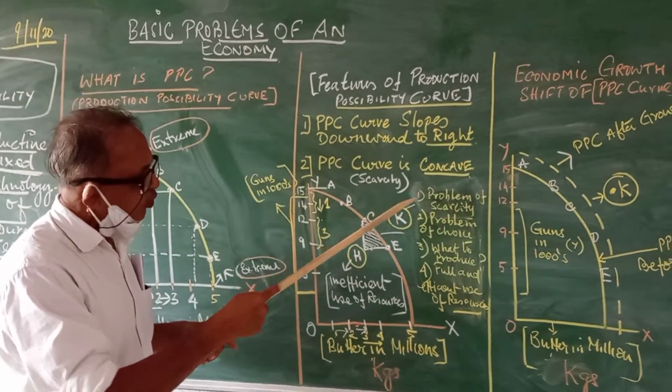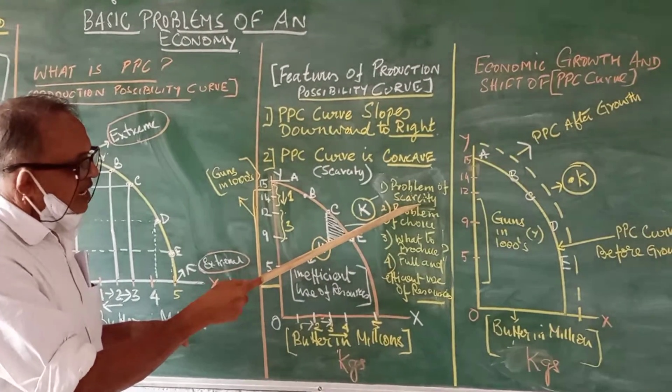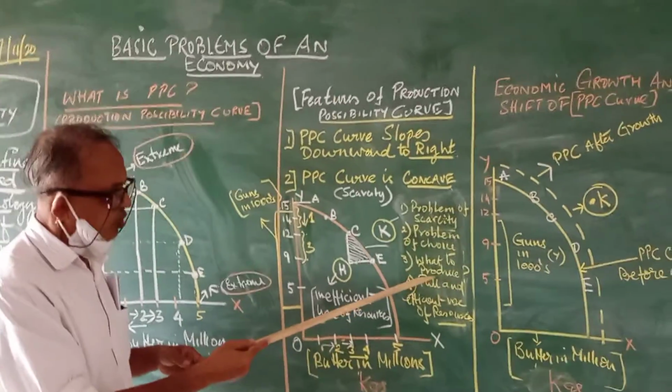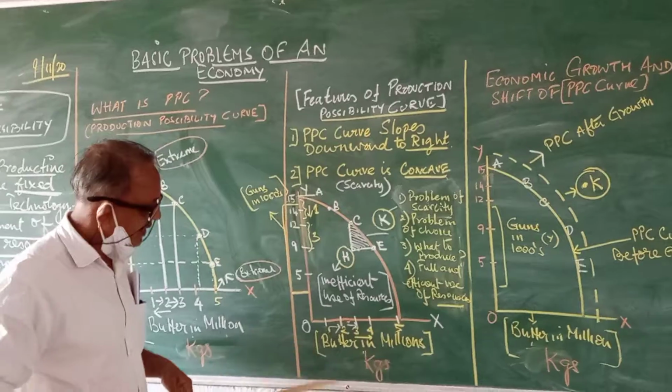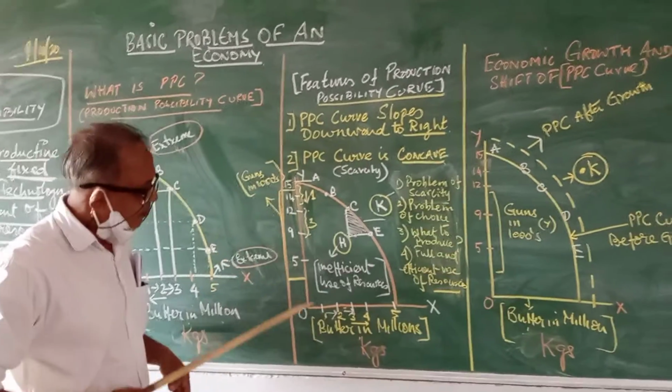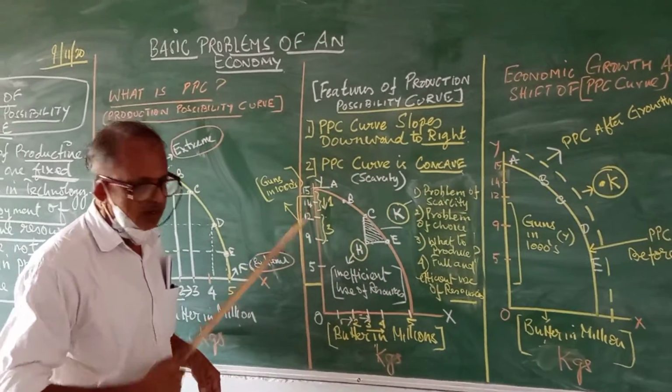So these 4 points, that is problem of scarcity, problem of choice, what to produce, and fuller and efficient use of resources, are explained through this production possibility curve.